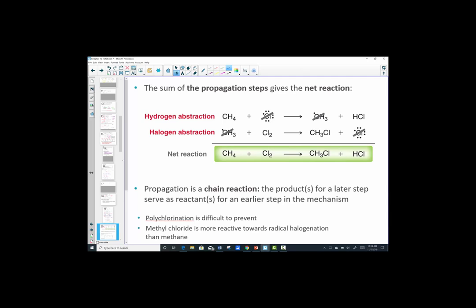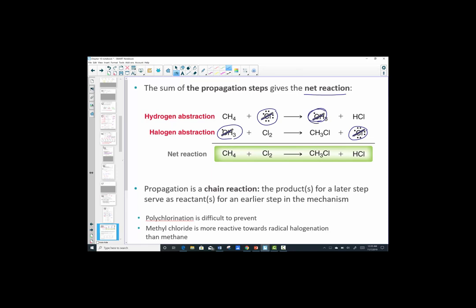So that sum of the propagation steps is reminding us of what we call the net equation, getting rid of what was made and consumed on both sides of the arrow. So getting rid of anything that appears on one side would cancel the other. The chlorine on the left cancels the chlorine on the right.